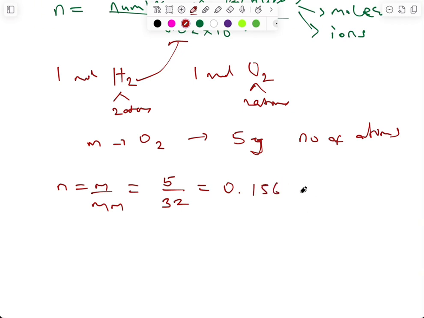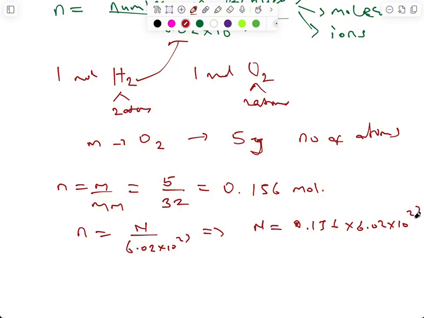That is going to be 0.156 mole. Now that we have this, you now use that number of moles equals number of particles divided by Avogadro's constant, 6.02 times 10 raised to the power 23. So what that implies is that number of molecules is going to be 0.156 times 6.02 times 10 raised to the power 23.